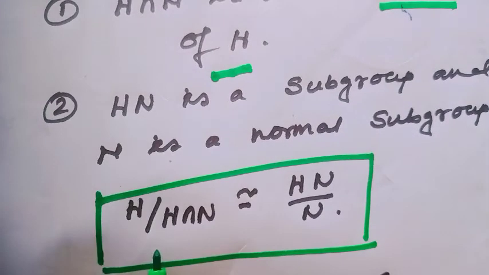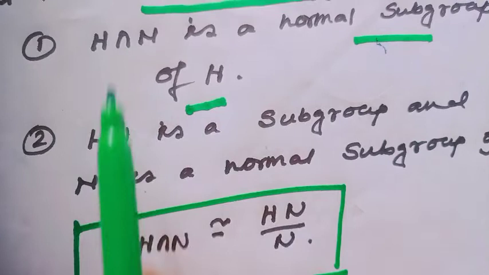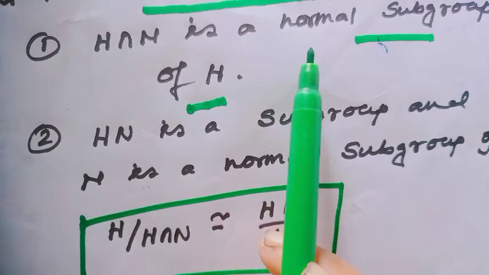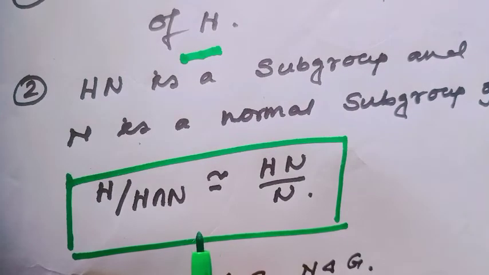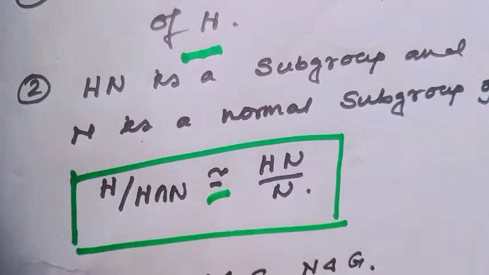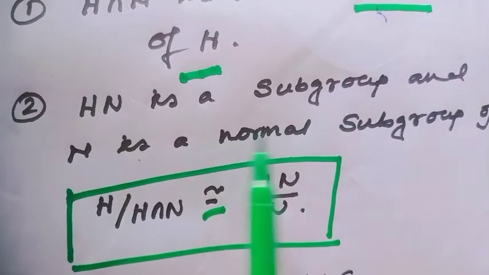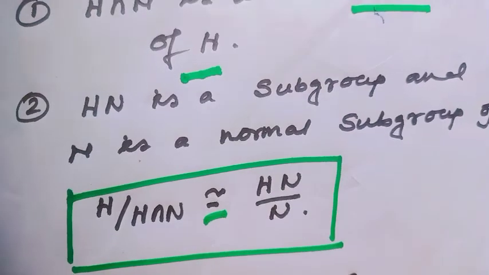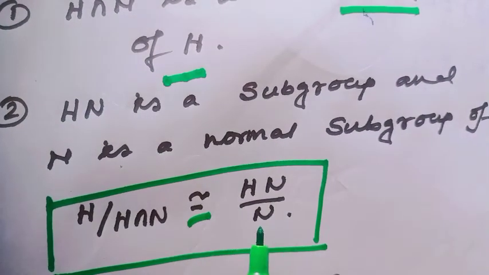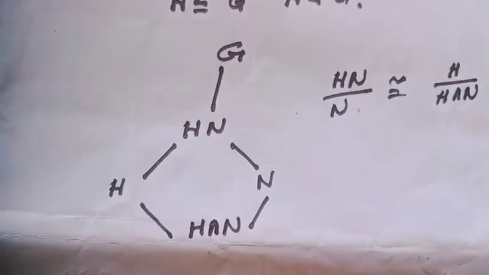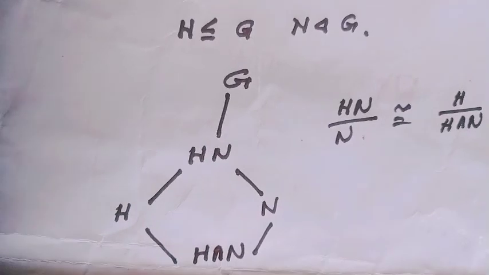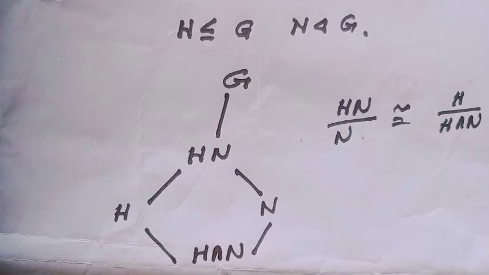Then by the second isomorphism theorem, since S intersection N is a normal subgroup of S, S modulo S intersection N is isomorphic to SN modulo N, because in the subgroup SN, N is a normal subgroup. And this is the picture, same as the second ring isomorphism theorem. Are you getting it?